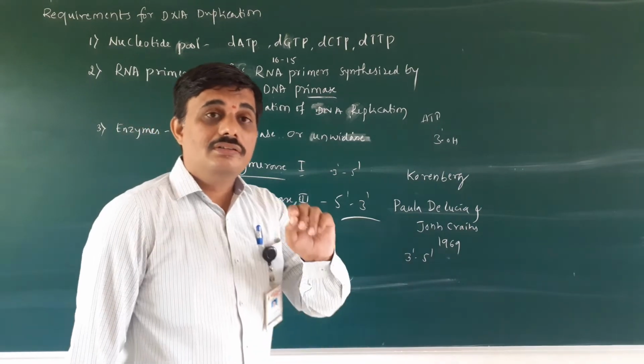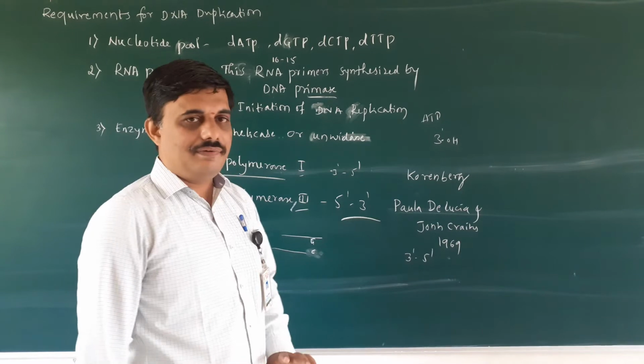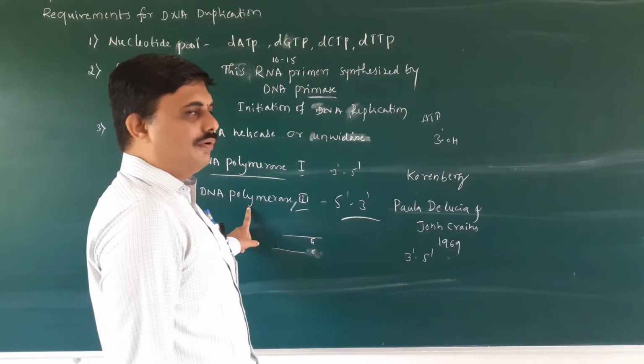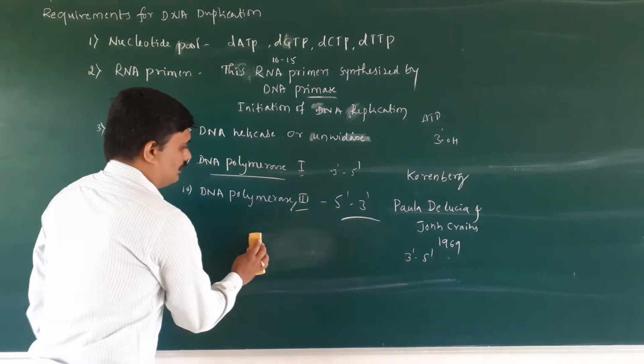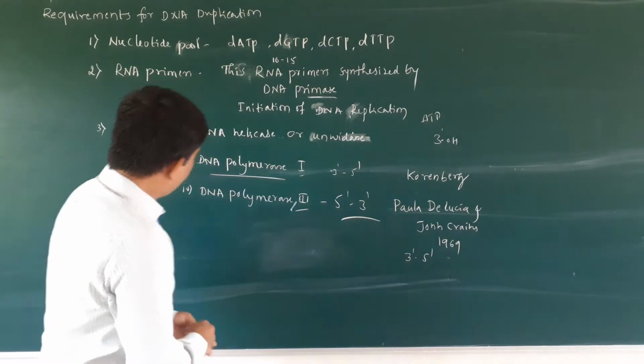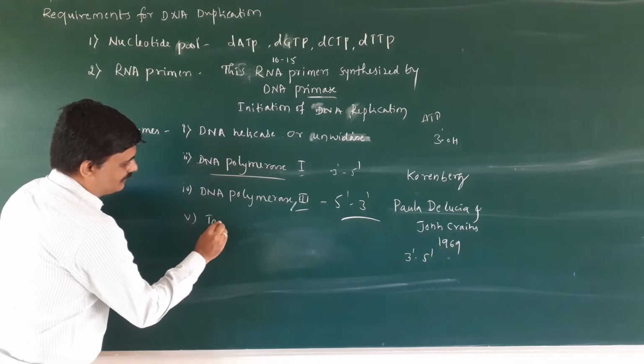This is called proofreading activity, which is present in DNA polymerase 3 as well as DNA polymerase 1. Next enzyme is topoisomerase.